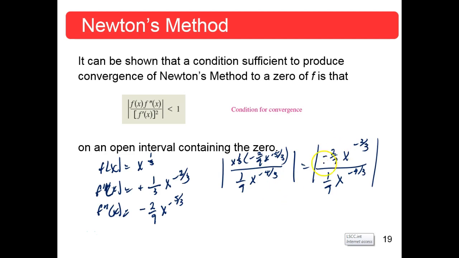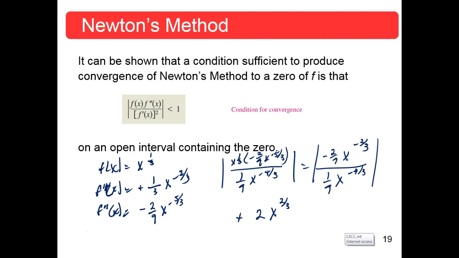And when you do that, you'll get a minus, or it doesn't matter about the sign, it's going to be an absolute value, 2 times x to the 2/3. Okay, you're doing this: f of x times f double prime, divided by the first derivative squared.